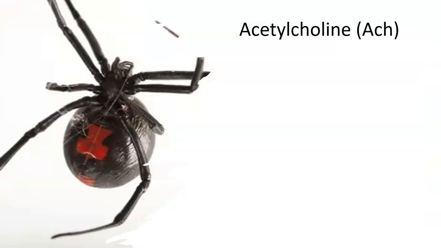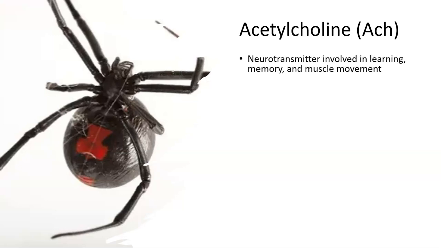So we'll start with acetylcholine. If you're terrified of spiders, I apologize, but the picture of this particular type of spider is relevant here. Acetylcholine is a neurotransmitter that's heavily involved in learning and memory, but also in muscle movement.